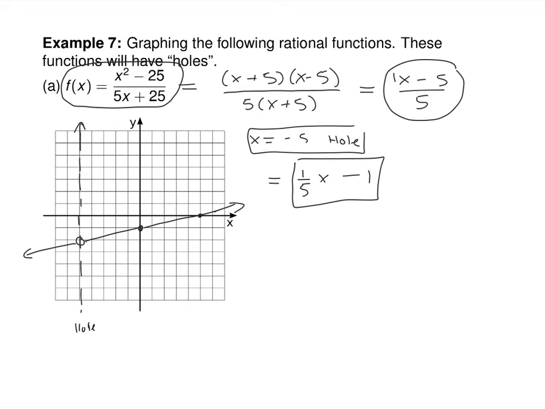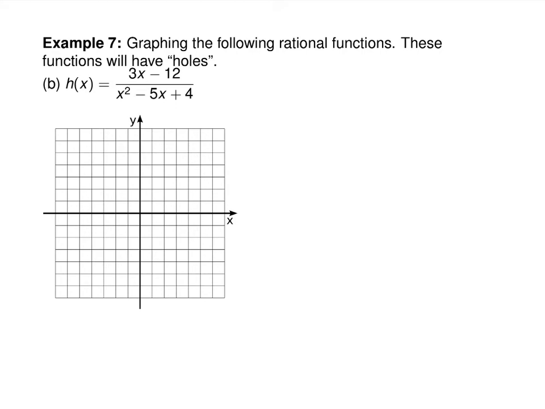All right, how about the next one? Factor the numerator: 3 parenthesis x minus 4. How about the denominator? x minus 4, x minus 1. And how does that simplify down? 3 over x minus 1.